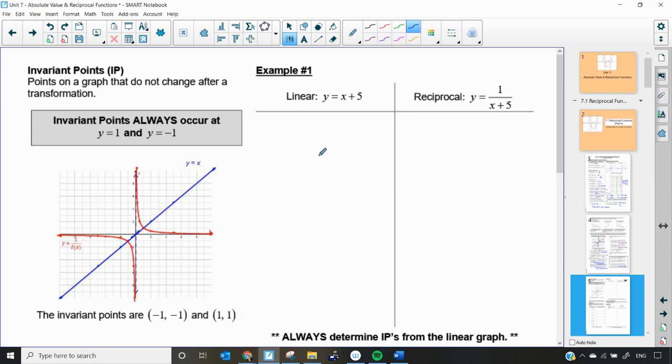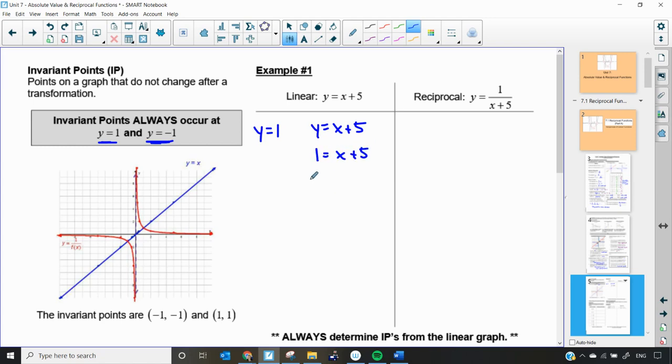When we're looking at our invariant points, we know that those always happen at y equals 1 and y equals -1. So what we're going to do is start with the original function because it's the easier one to work with, and we're going to substitute in y equals 1 to find out what the x value is. So when y equals 1, we have the function y equals x plus 5. We're going to sub in 1 for y, and solve for x.